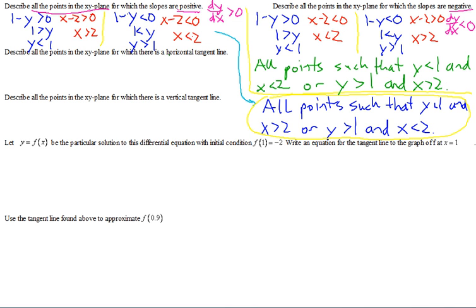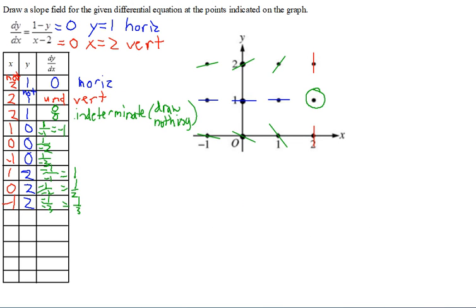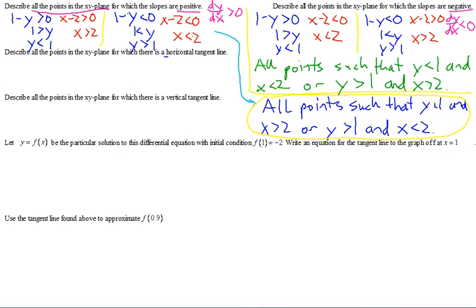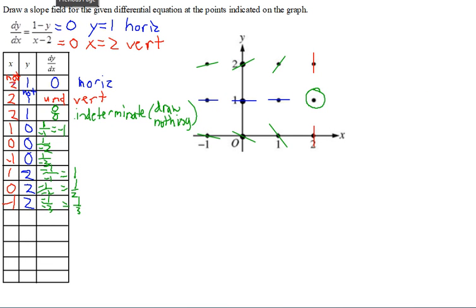All right, you could also be asked to describe all the points in the xy plane for which there's a horizontal tangent line. So notice we kind of already figured that out a little bit when we were graphing it. That's when the derivative equals 0. In other words, it's a numerator, you get 0 over something. So we kind of already saw that. We can just basically write what we put in our table here.